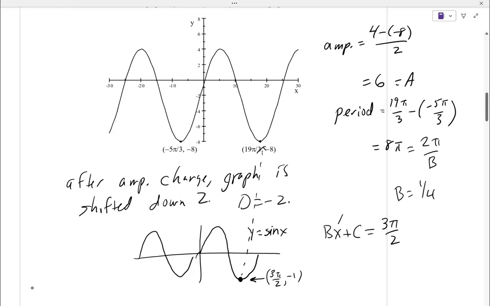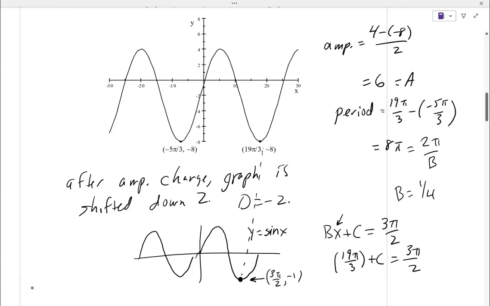But what should we plug in for x? Instead of plugging in 3 pi over 2, what have we plugged in? 19 pi over 3, right? Again, trying to correspond this bottom point here with this bottom point here. Instead of plugging in 3 pi over 2, we've plugged in 19 pi over 3.